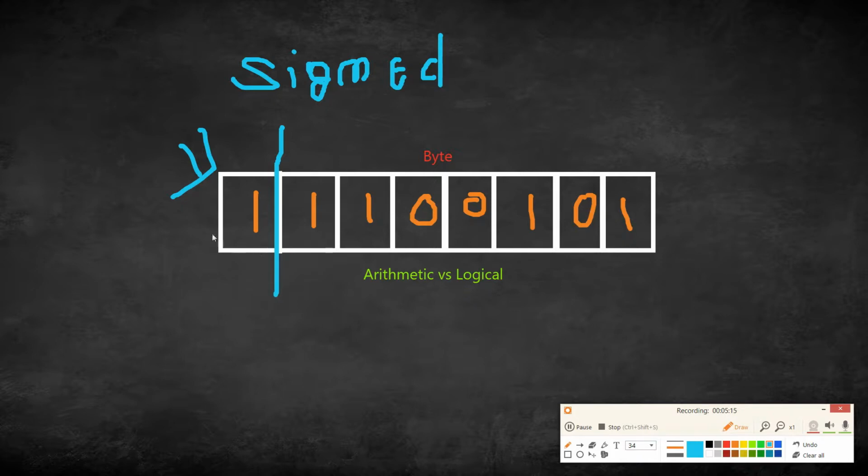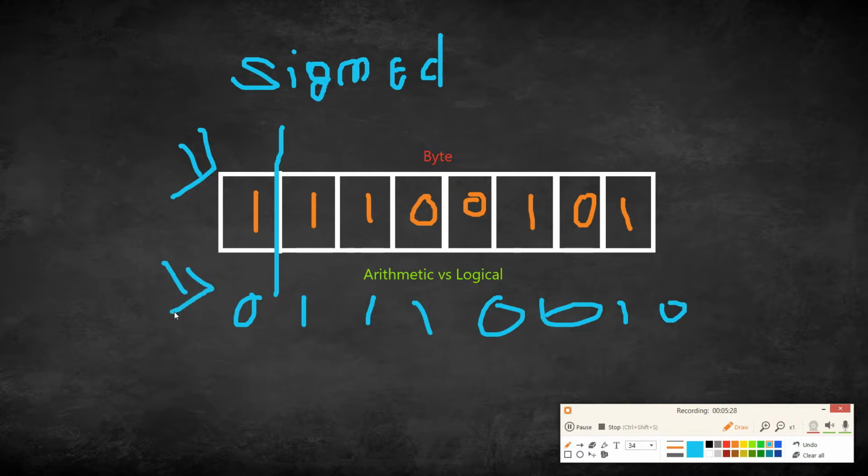Instead of this being 0, 1, 1, 1, 0, 0, 1, 0, this is not a negative number anymore, it becomes a completely different number. I'll probably put a number over here to check the difference.